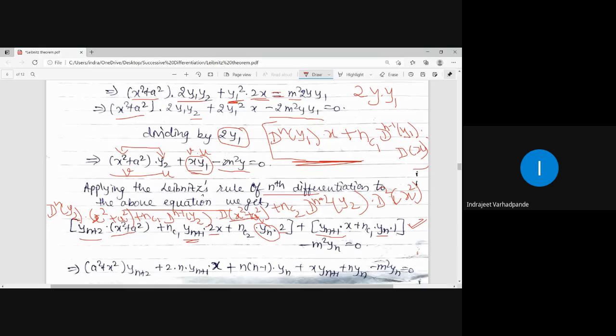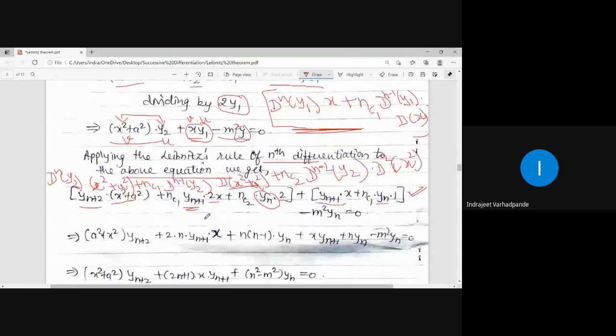Minus m square, and what is the nth derivative of y? Simply yn. Clear? Is this step okay? Once you write down the application or implementation of Leibniz theorem, the rest is all mathematical.